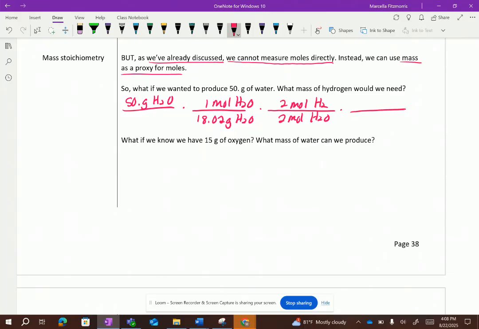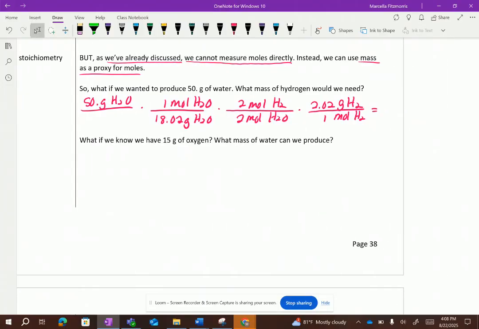And now that we know how much H2 we need, moles of H2, we can change moles of H2 back to grams of H2 by using the molar mass of 2.02 grams equaling 1 mole. Once we do that, and we multiply across top and divide the bottom, we get our answer of 5.6 grams of H2 to the correct sig figs. Here we have 2 sig figs. That's why we have 2 sig figs in our answer.